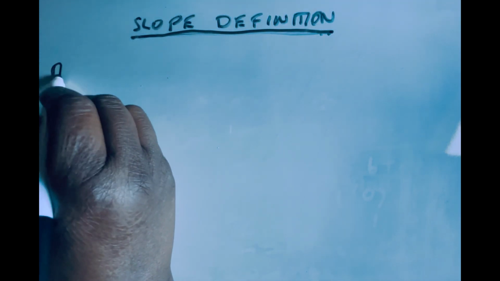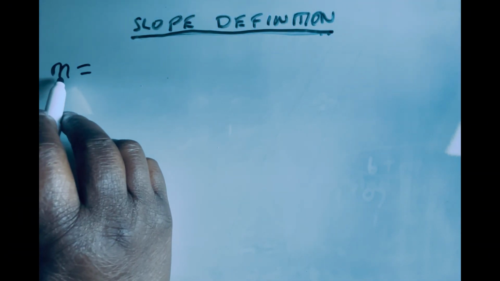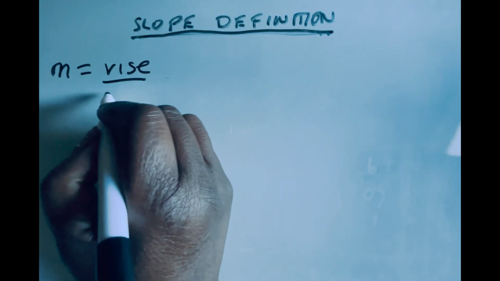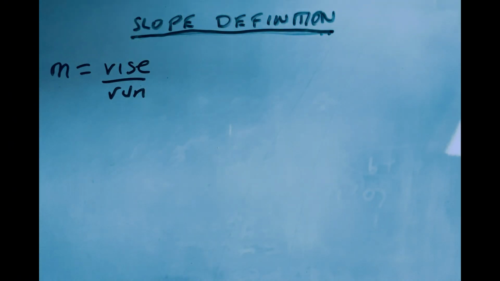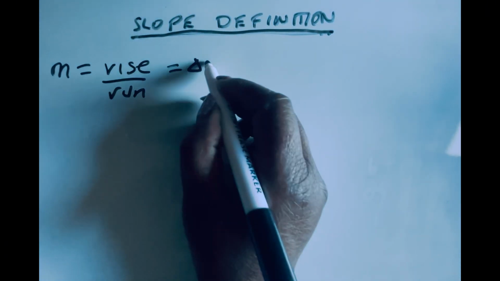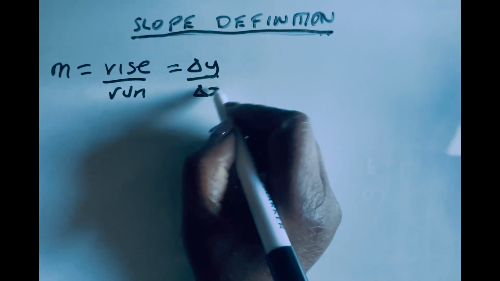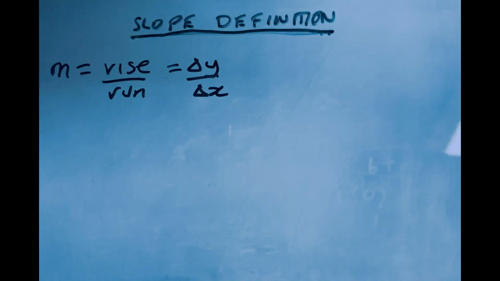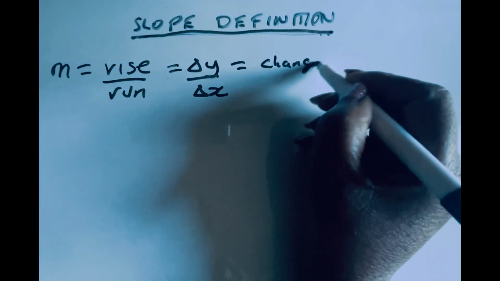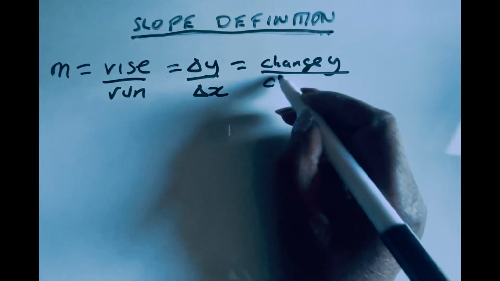As I stated, the slope formula is referred to as m, and it's defined as rise over run, which means it's a steepness, and it's calculated by the ratio of the vertical change to the horizontal change. So rise over run is also change in y over change in x, and it can be written just as that, change in y over change in x.